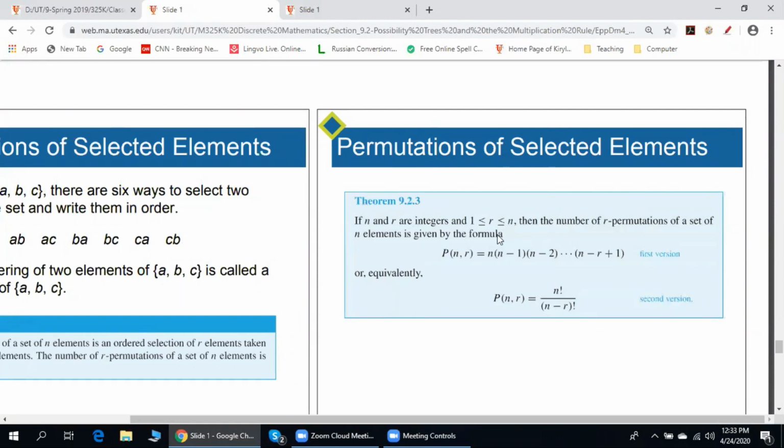We do not permute all elements. We permute only 4 elements out of 36. So these are so-called r-permutations. We'll discuss it at the end of today's classroom meeting.